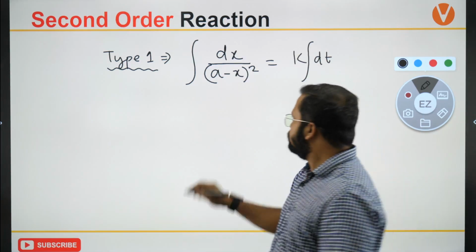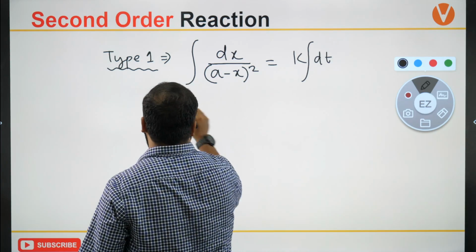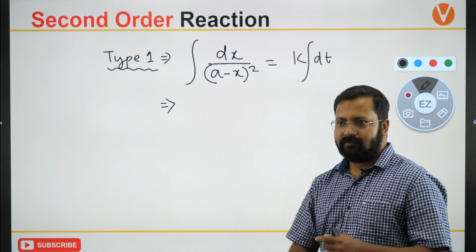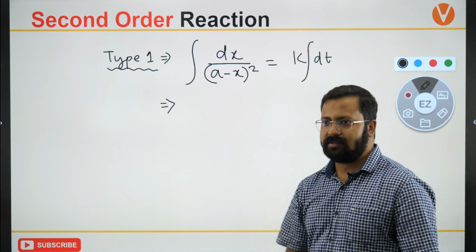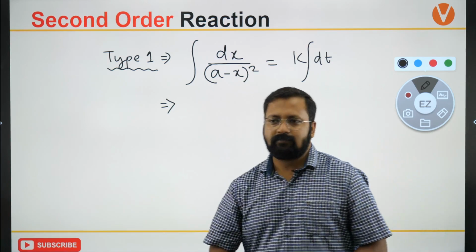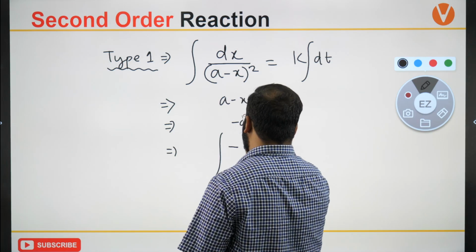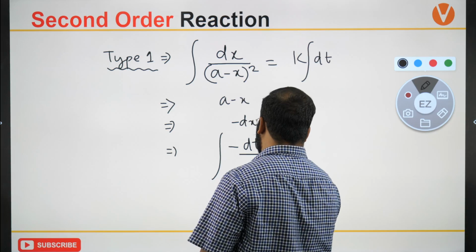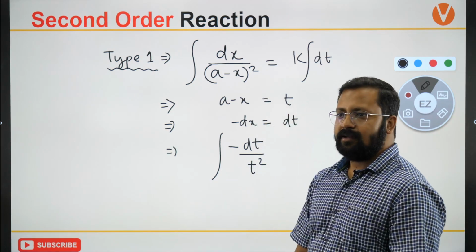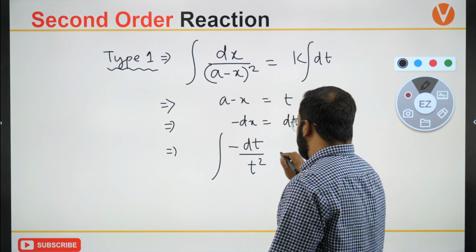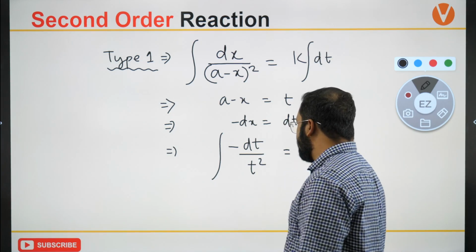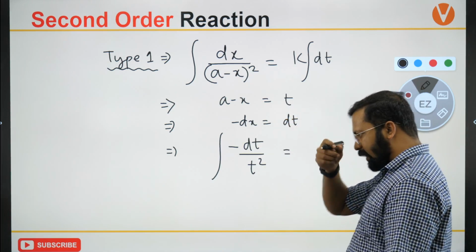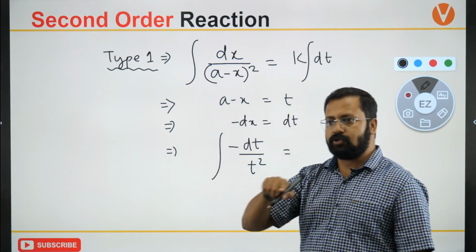And it will become how much? What will be the integral? This is 1 by u square. So what will be the integral for this? Thing is minus dt upon t square, which will ultimately become equal to t to the power minus 2 plus 1 by minus 2 plus 1.